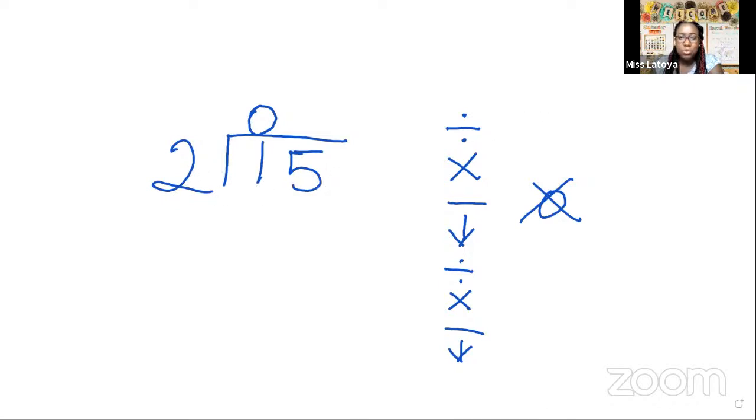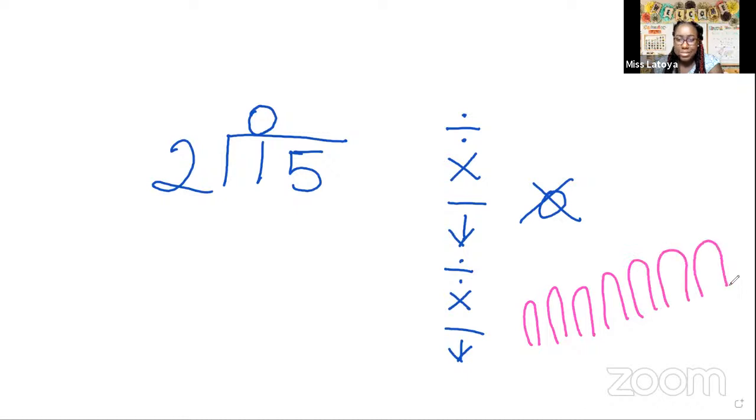And again, for those who don't know their tables very well, you can use your fingers and count in 2's until you get to 15 or the number before. Let me demonstrate. 2, 4, 6, 8, 10, 12, 14. If I count in 2's again, I'll get 16, and that will be too much.